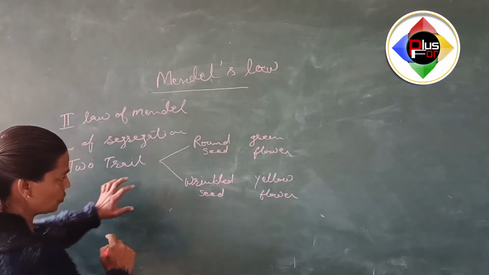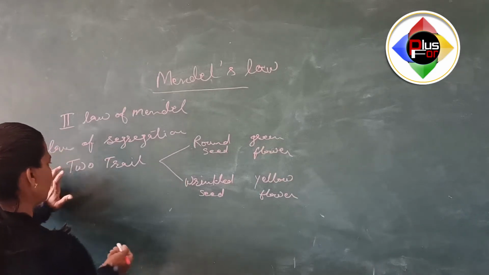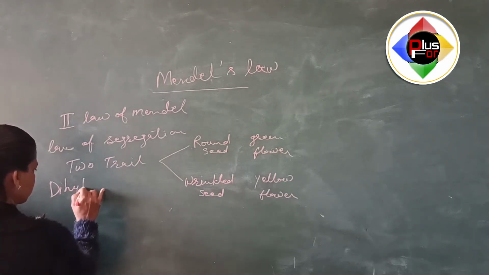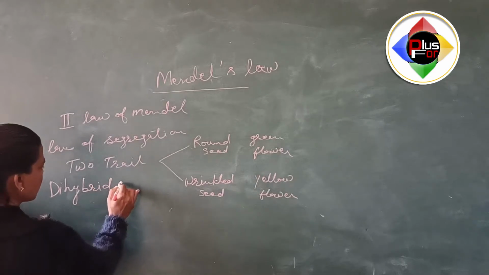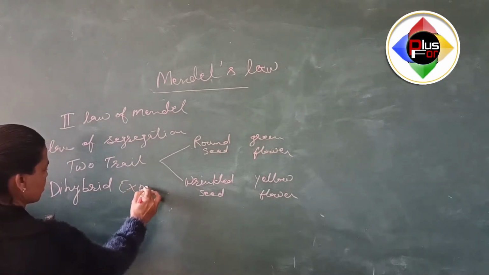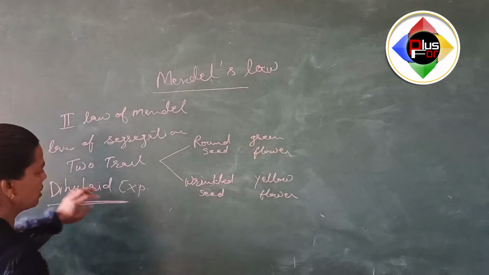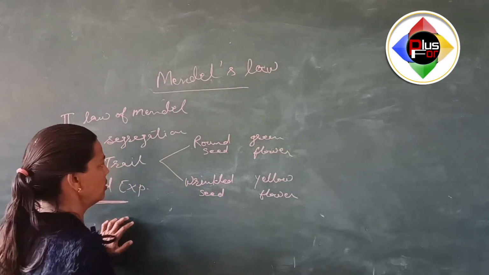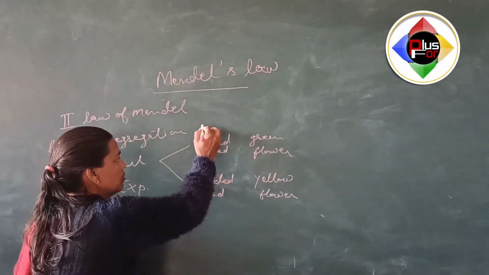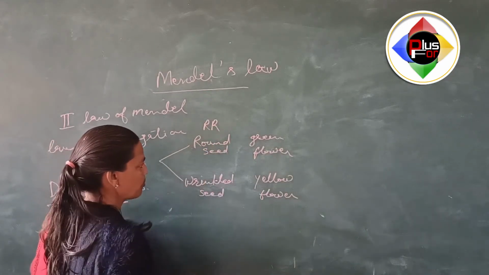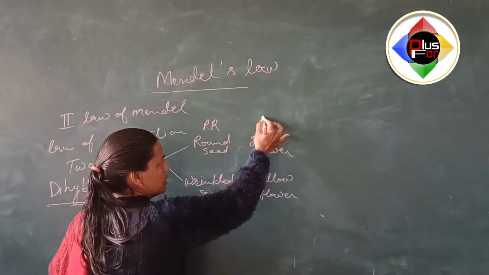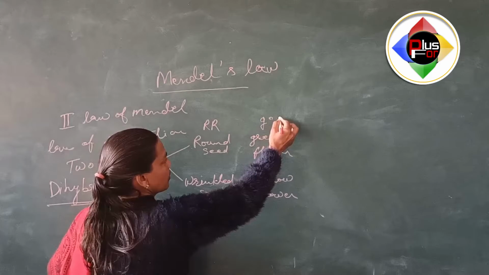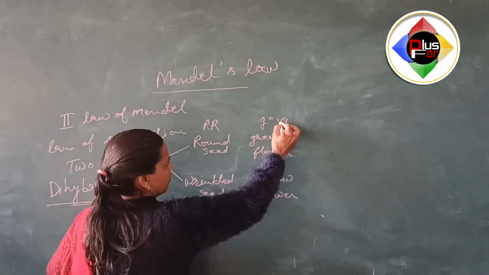When we cross them, we get the F1 generation, and this is also known as the dihybrid experiment, because here we took two plants, two characters. Round seed we denote by capital R. Green flower is denoted by small y.